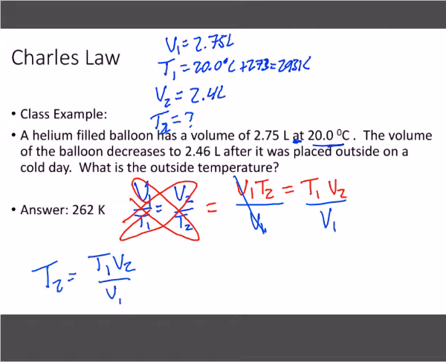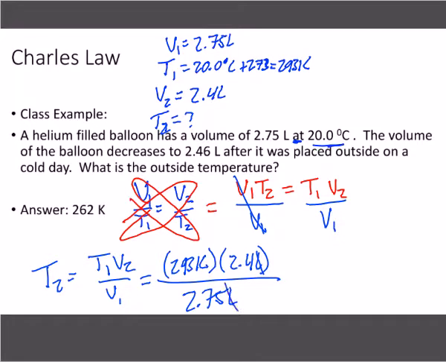This is where things get a little hazy if you start going too quickly. All right, so here we go. Plug it in. We got 293 K multiplied by 2.46 liters, V2, all over 2.75 liters. And since we have multiple pieces, it's important if you write them down like we did right here, it can make this part down here a whole lot easier.